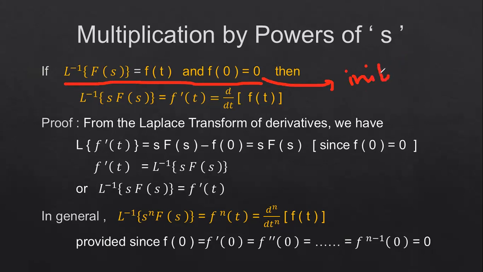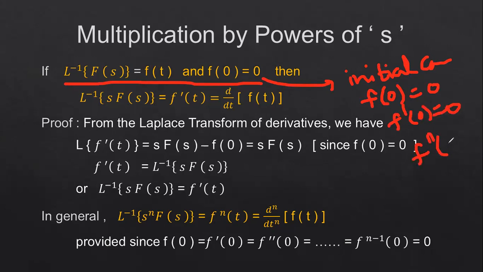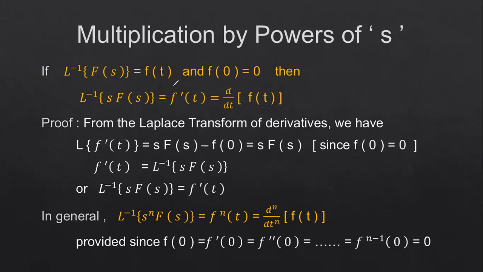To consider the initial conditions, all of them are 0: f of 0 is equal to 0, f dash 0 is equal to 0, f double dash 0 is equal to 0. These are all initial conditions with respect to this function. In this case, f of 0 is equal to 0 initially, then Laplace inverse of s into F of s, that is multiplication by powers of s.